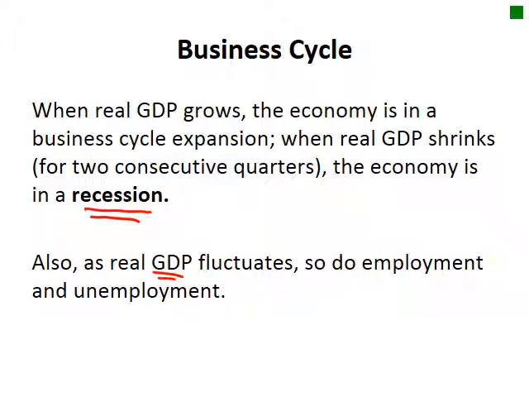Now, what is a quarter? We have 12 months in a year, and 1 quarter would therefore be 3 months, and 2 consecutive quarters would be 6 months. Also, as real GDP fluctuates, so do employment and unemployment. And we know that if you're producing more goods and services, you need more workers. If you're producing fewer goods and services, you need fewer workers.